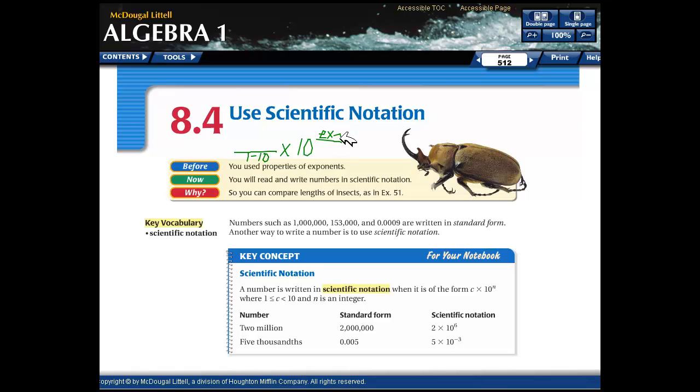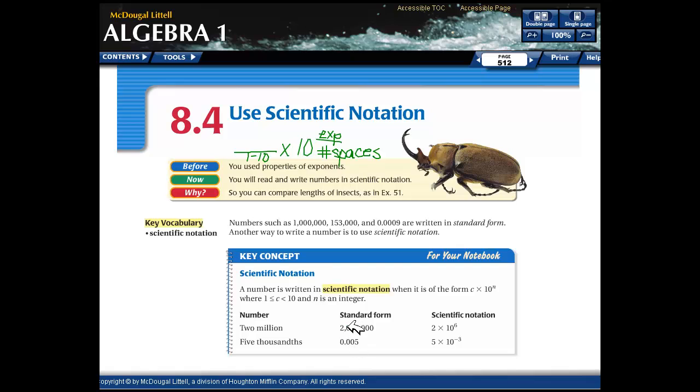Now, this exponent, a lot of people mistakenly believe that it's the number of zeros in a number or something like that, and it's not. That exponent basically tells you the number of spaces that you moved the decimal, or the decimal moved, whenever you made it scientific notation or went back to standard form, which, by the way, standard form is just the regular numbers that we deal with all the time.